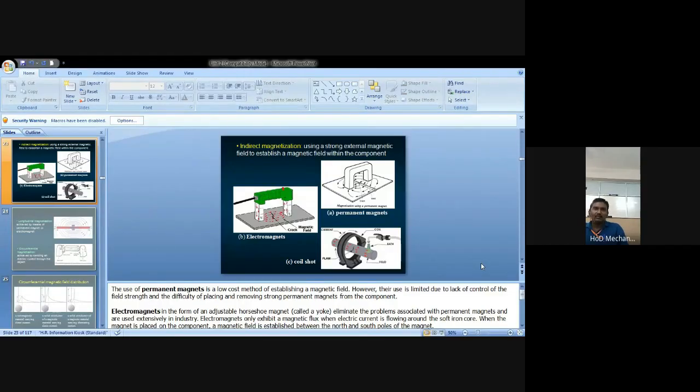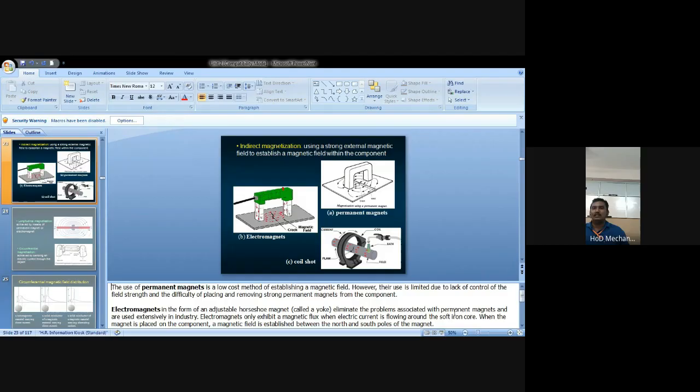Another one is the electromagnet, which we already discussed. The electromagnet is in the form of an adjustable horseshoe magnet, like a horse shoe. So it is called a horseshoe magnet. Another name for this type of electromagnet is a yoke.